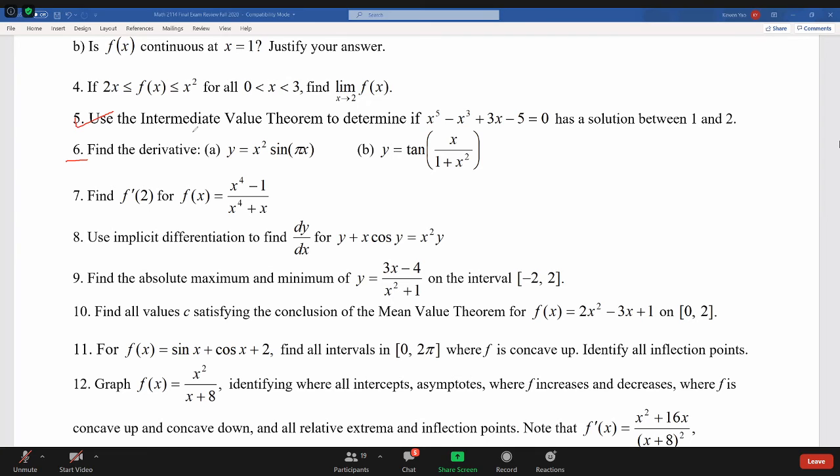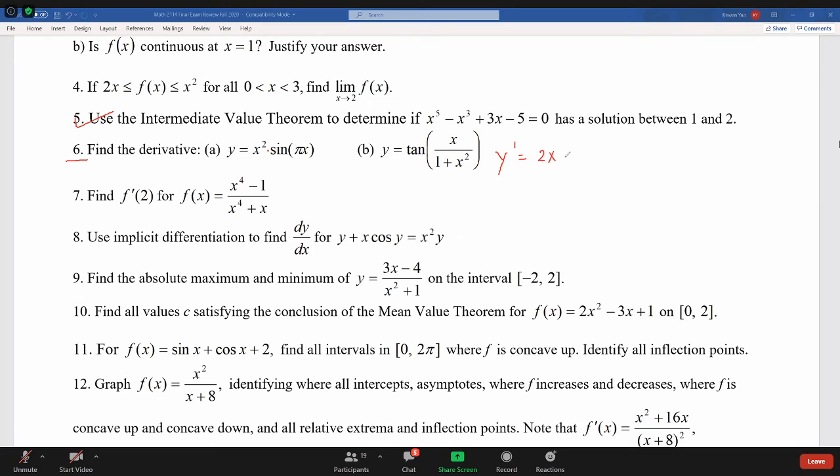Find this derivative. But you want to see here, it's a product, right? So what's the derivative of x squared? It's 2x.